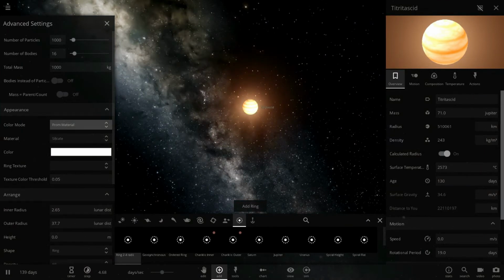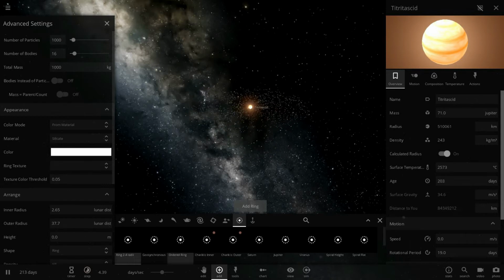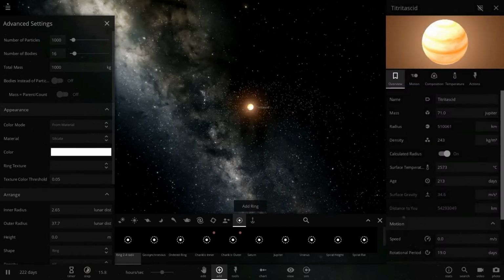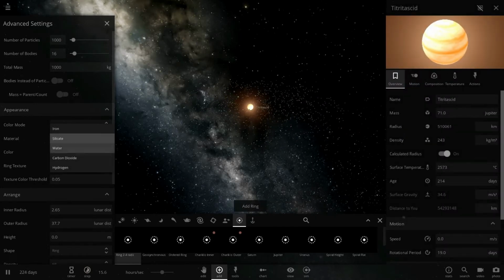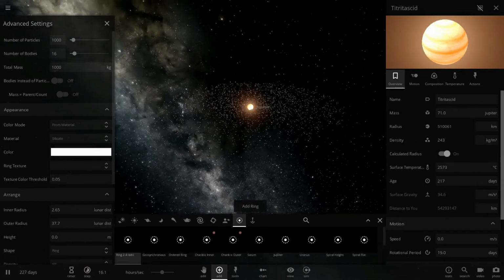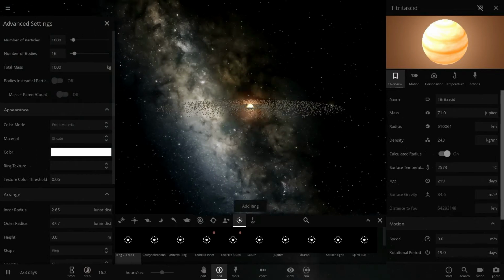We're gonna put, because normally a brown dwarf will normally have a very high concentration in silicates, metals, things like that. Very rare to see hydrogen around a brown dwarf. So we're gonna click on a brown dwarf like that. Slow down. And normally around a brown dwarf it will be a very sparse ring.